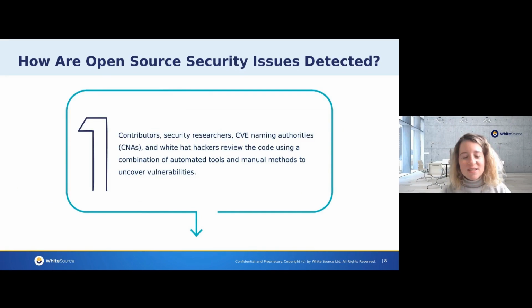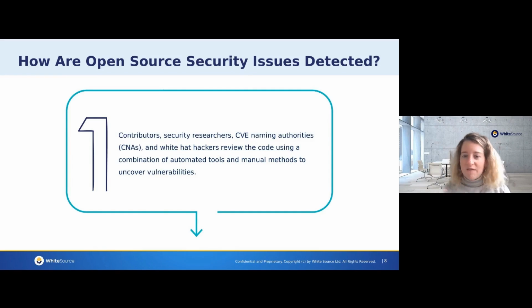And now, as I mentioned, let's understand how it works in terms of disclosing a new security vulnerability. How does this process work? The first question that comes to mind is, who actually discloses those security vulnerabilities?